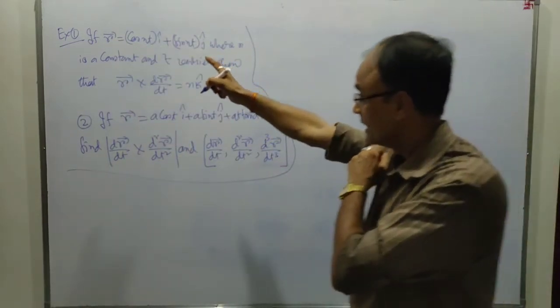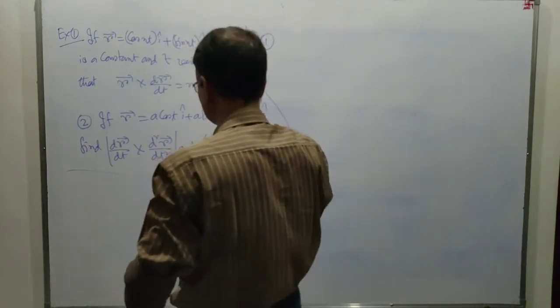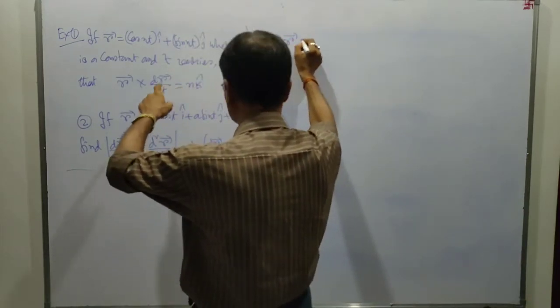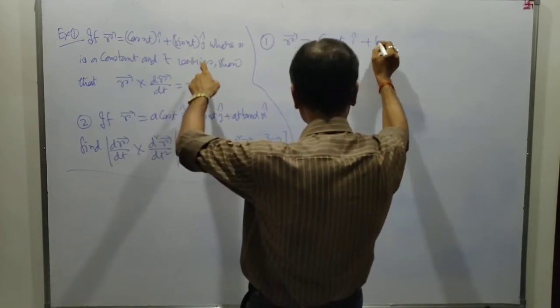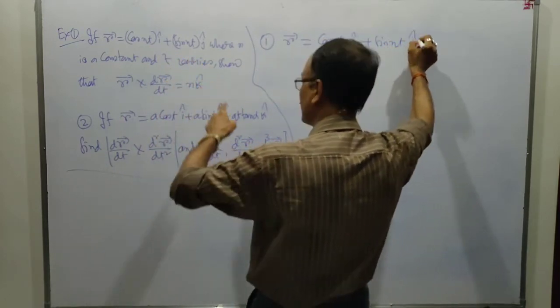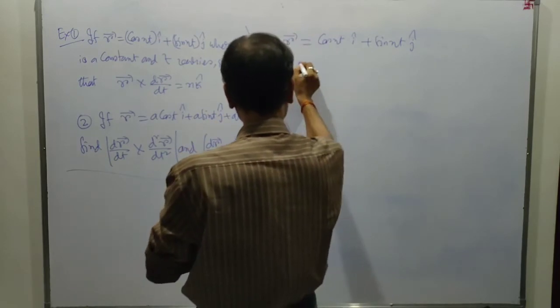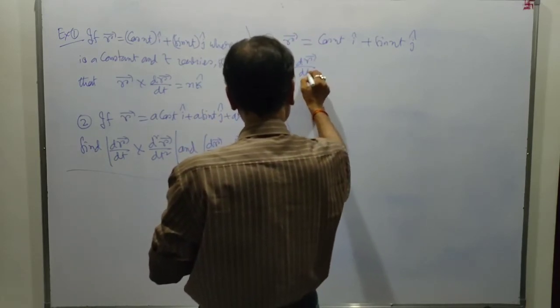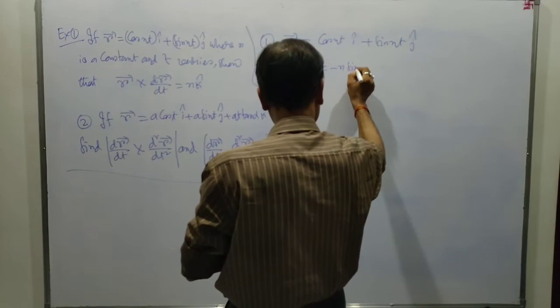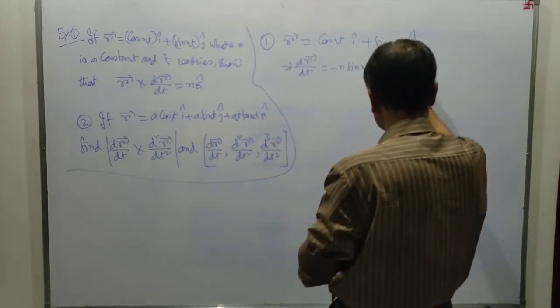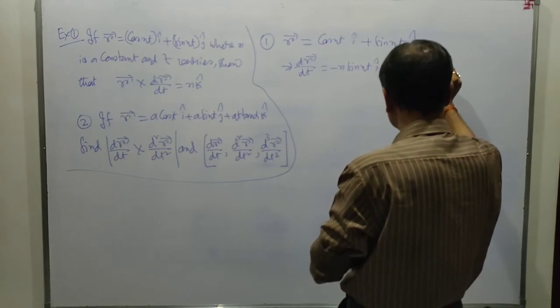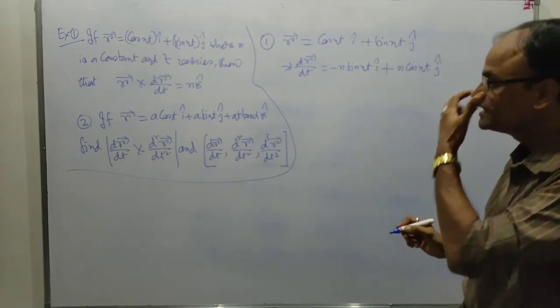Number one: R vector equal to cos nt i cap plus sin nt j cap. This means dr vector by dt equal to minus n sin nt i cap plus n cos nt j cap. You will get it like this.